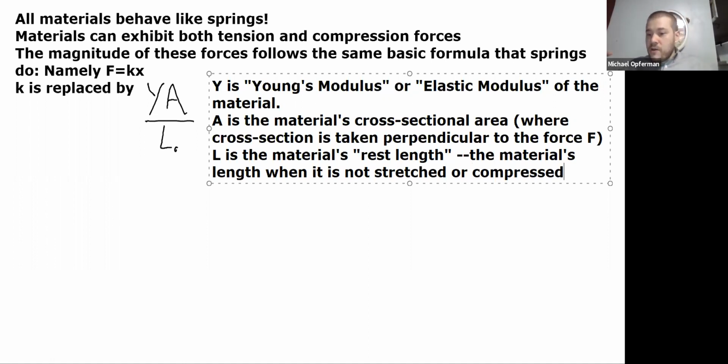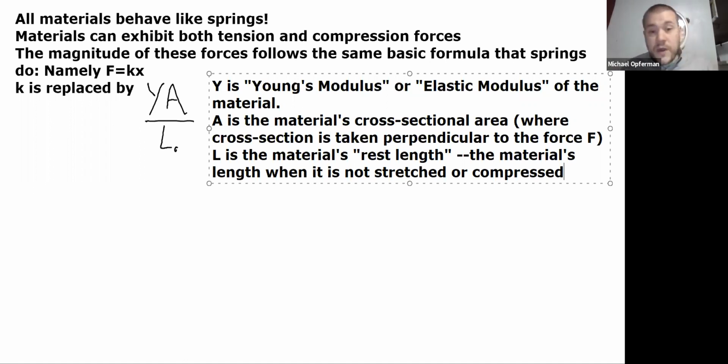So in other words, a very, very long beam is going to be easier to stretch out than a very short beam, which I think you can sort of understand. If you picture a rubber band, one that's really, really long, you have to apply less force to stretch it than one that's extremely short.